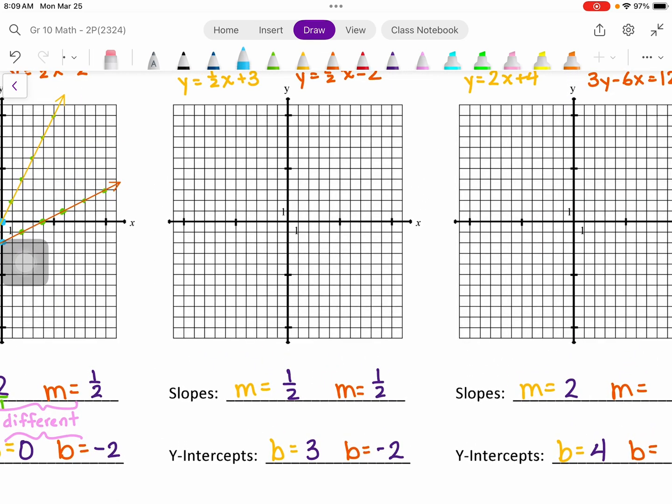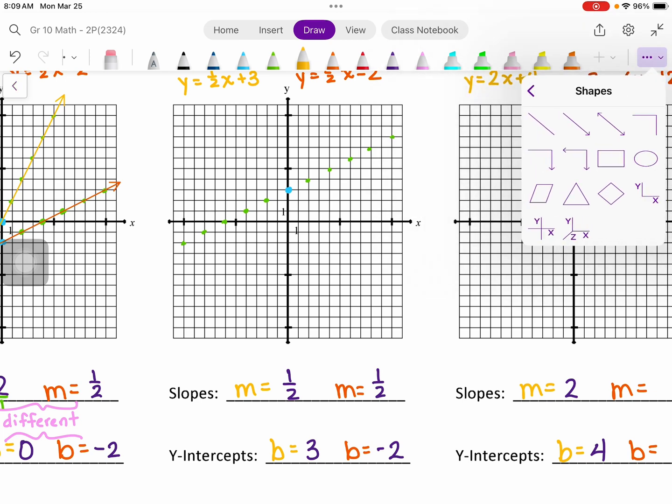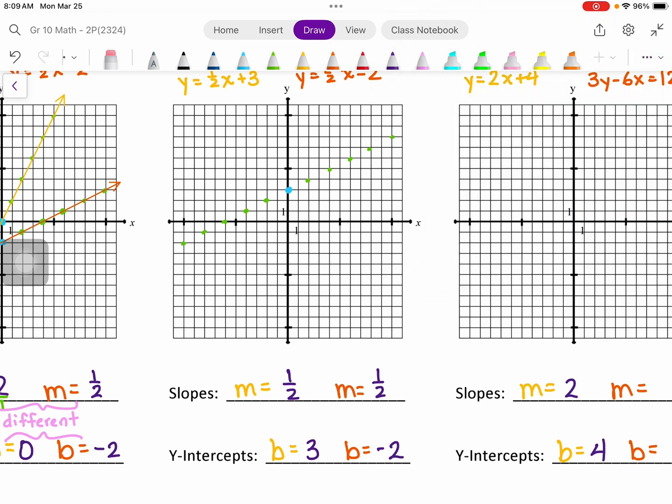So my first question, I have a y-intercept of +3, and then a slope of 1 over 2. So up 1 over 2, that continues, and then in the opposite direction, we'll draw in our line.